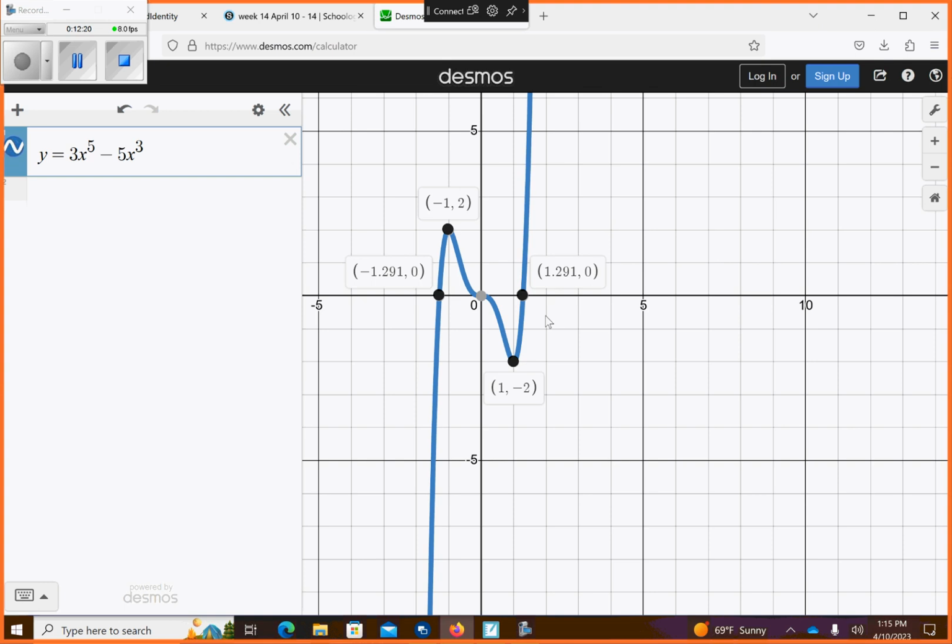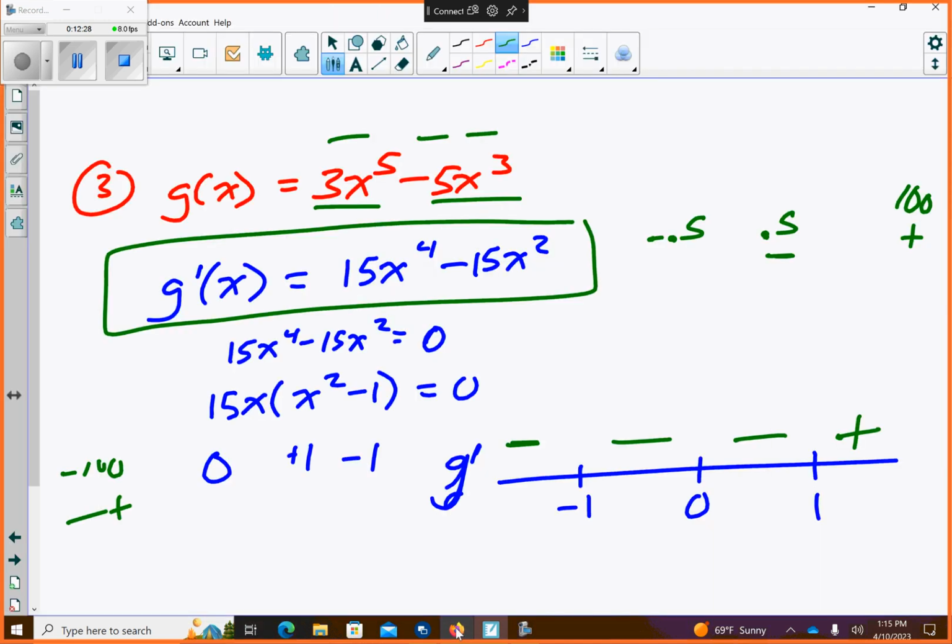So let's go back and see what's happening at the other side of negative 1.291 and see where I made a mistake. Okay, I have negative, positive. So we're right here and here. So let's take that negative 100 and plug it back in.